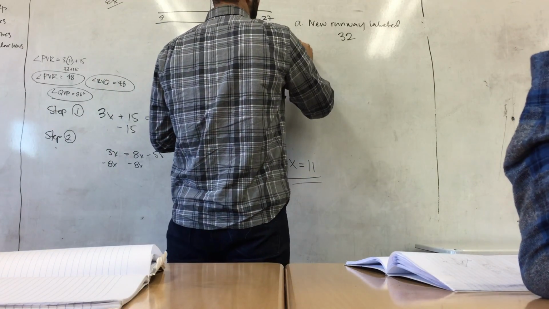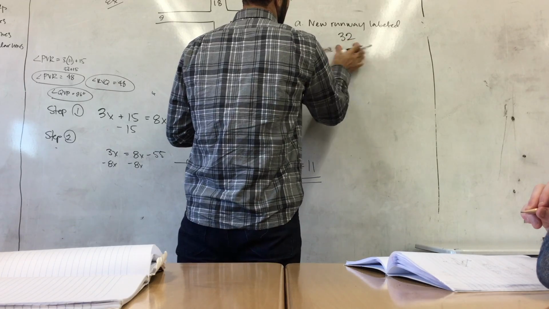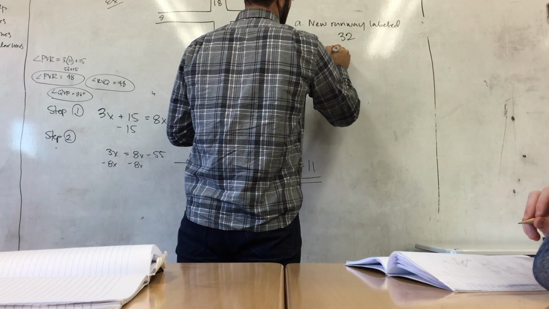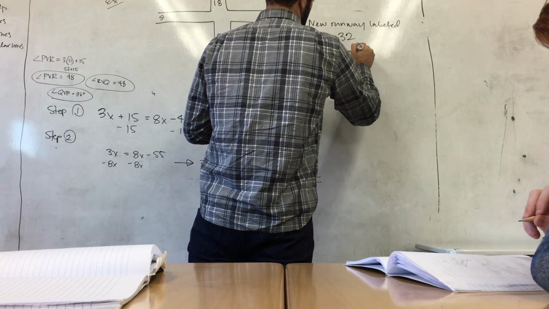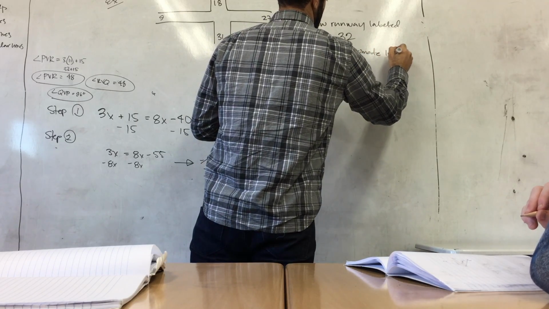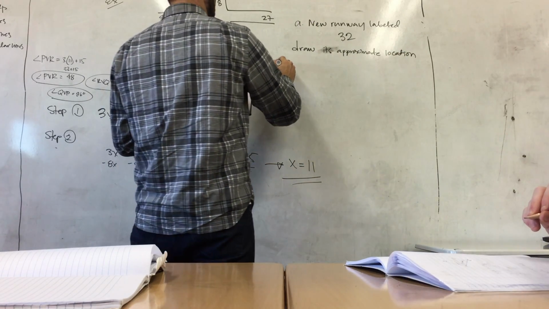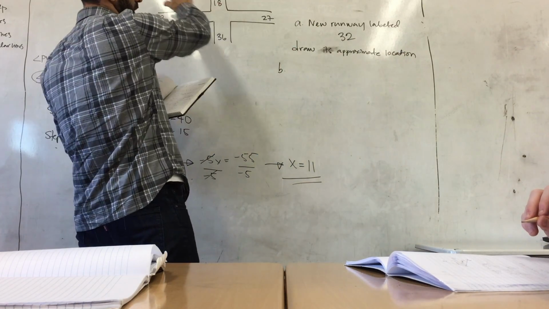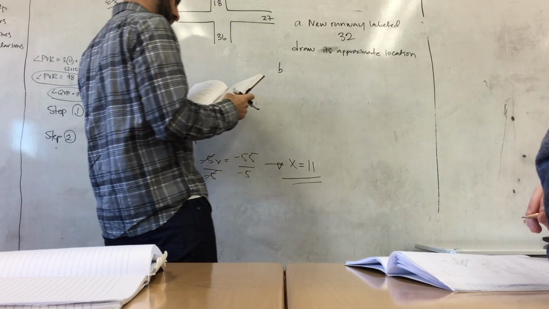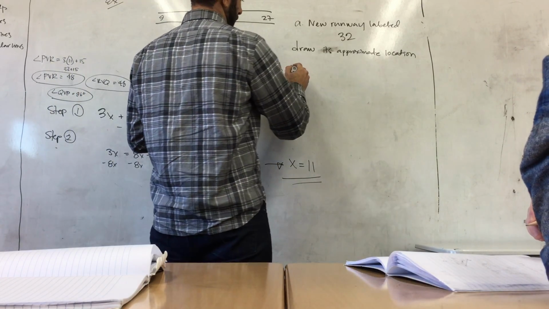Draw where it would approximately be. And then B, because the runway is going to be pretty long, what number would be on the other end of the runway?